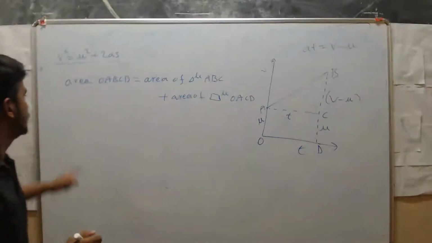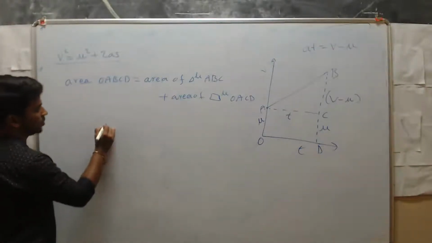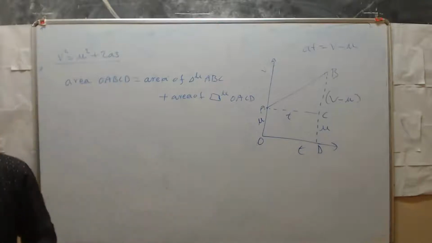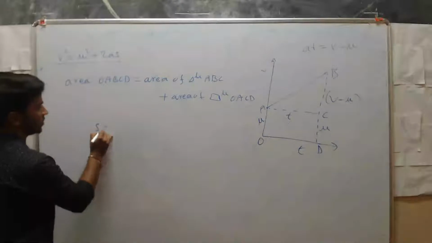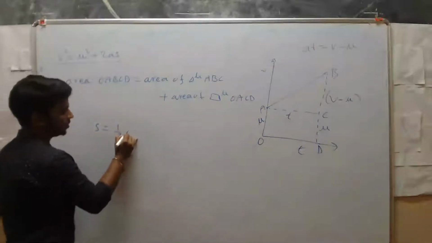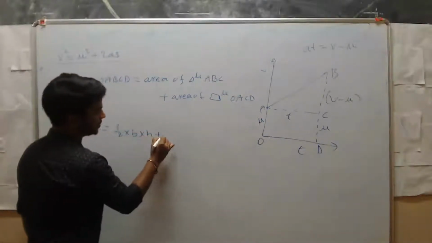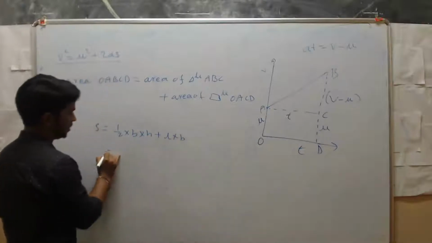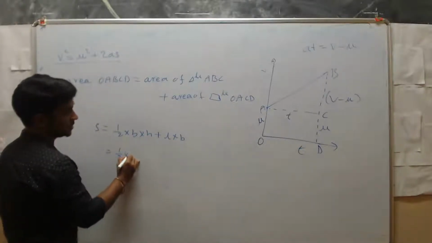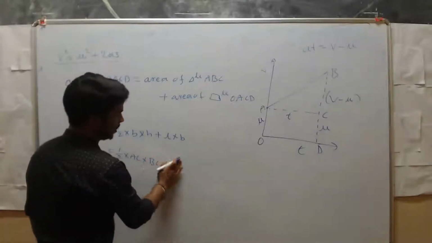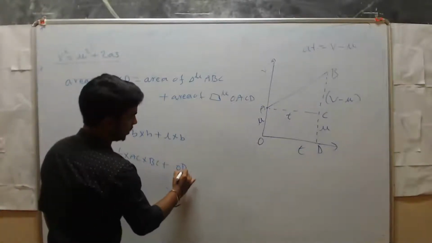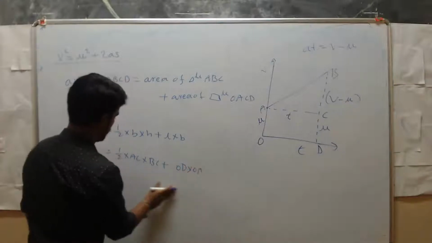You know, right? This area OABCD equals what? Distance or displacement, which equals half into base into height plus length into breadth. You know what the base is? Base is AC and height is BC, plus length is OD into OA.